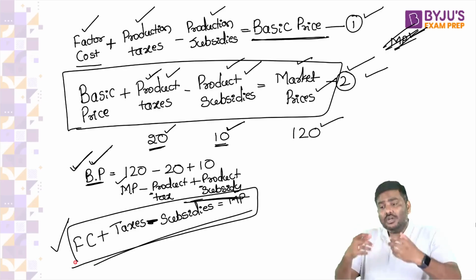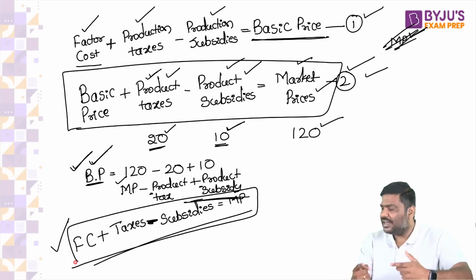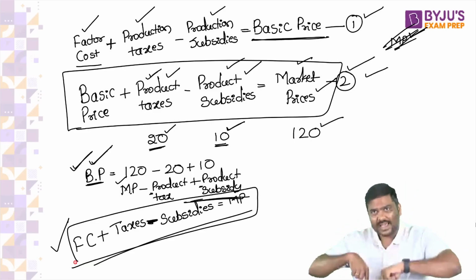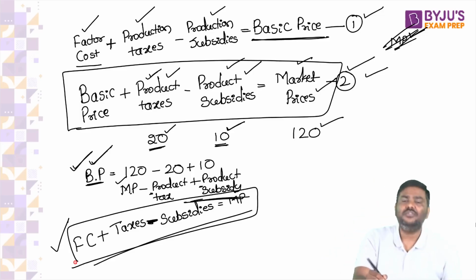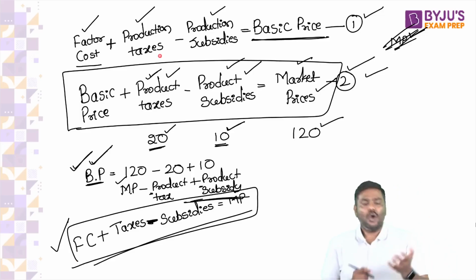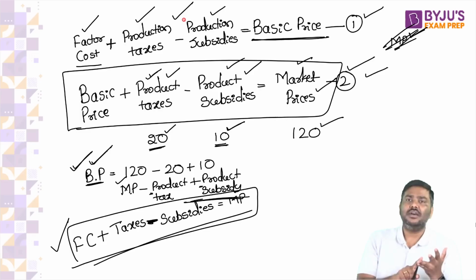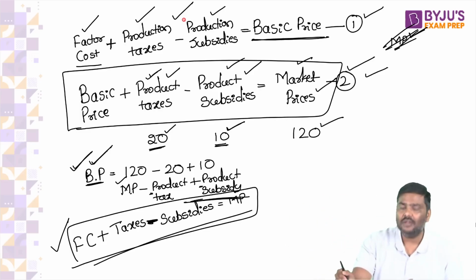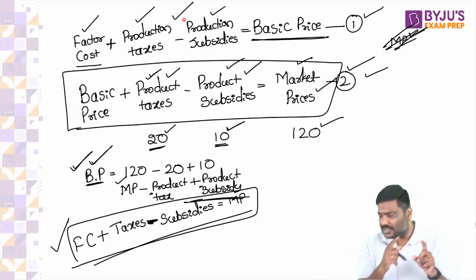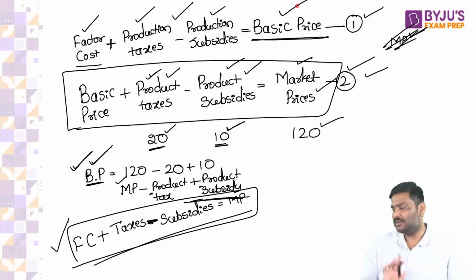Now we want to take care of both types of subsidies as well as taxes. That is the precise reason in the first formula we use all those taxes and subsidies which are independent of production, calculate basic prices, and then use the basic prices to calculate market prices.